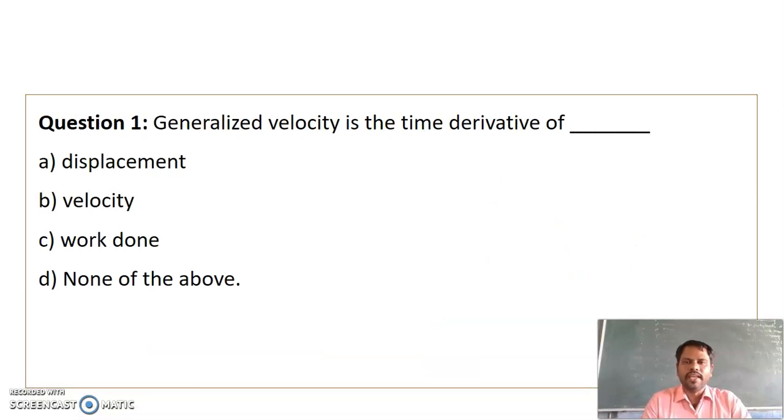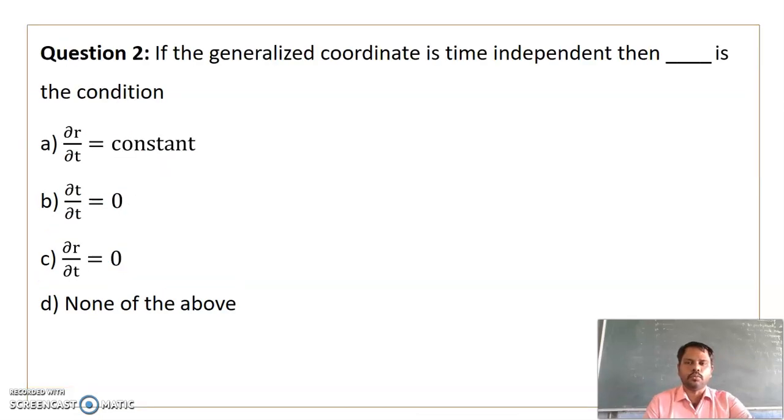Question number 1. Generalized velocity is a time derivative of, you know that it is the time derivative of displacement. So option A. Question number 2. If the generalized coordinate is time independent, then the condition is, if position coordinate is independent of time, then dou ri by dou t is equal to 0.